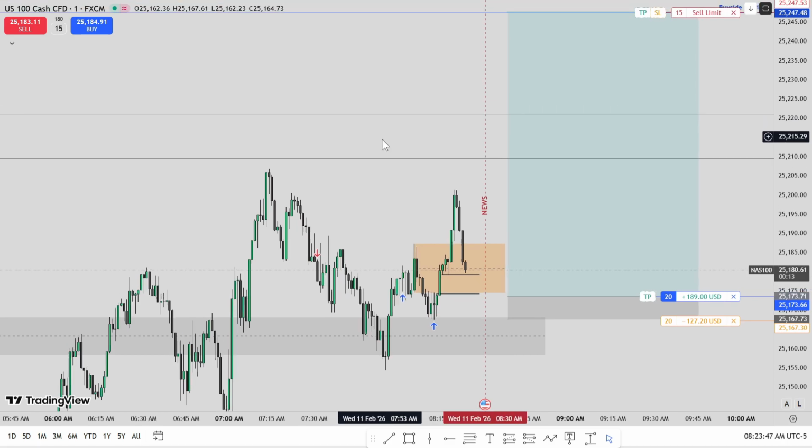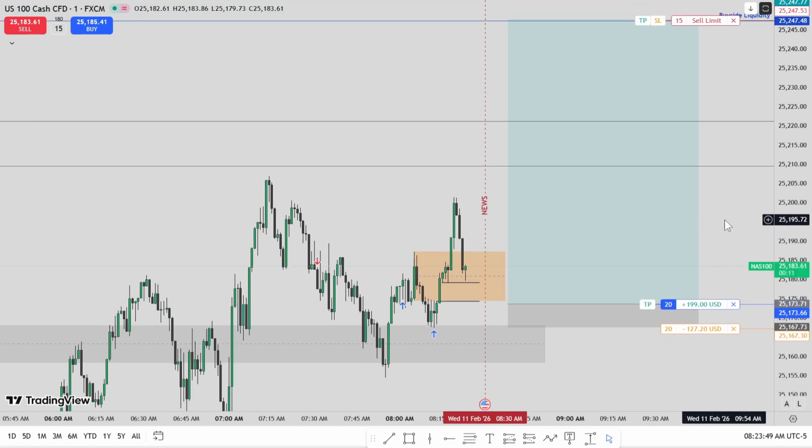Again, I'm not worrying about the money, bro, because I want to know whether I'm right or wrong. All you want to do is get all your answers for the market movement, and that's my motive. If I take a stop, I want to be able to tell myself, look at the chart, probably you missed that part, that's why you took that loss.